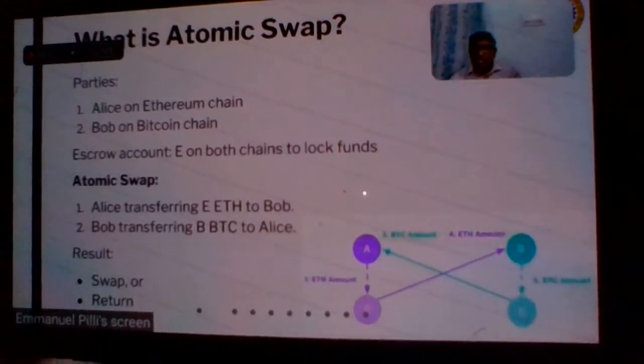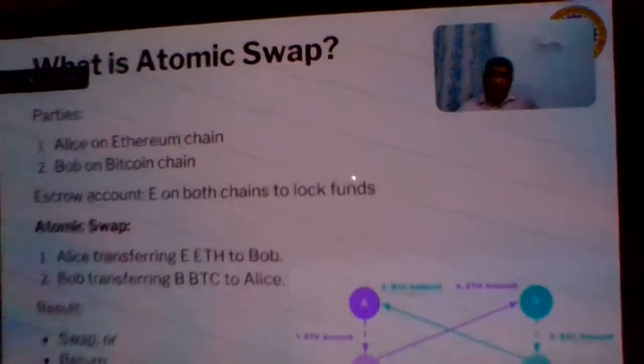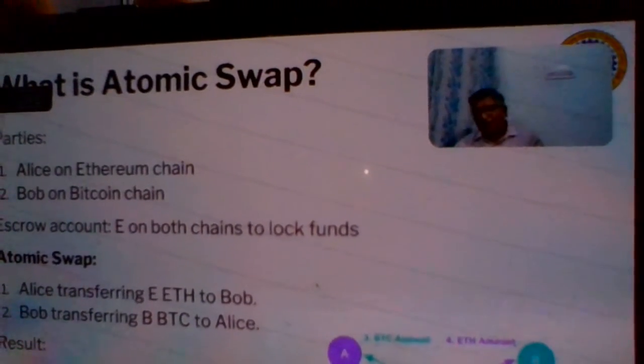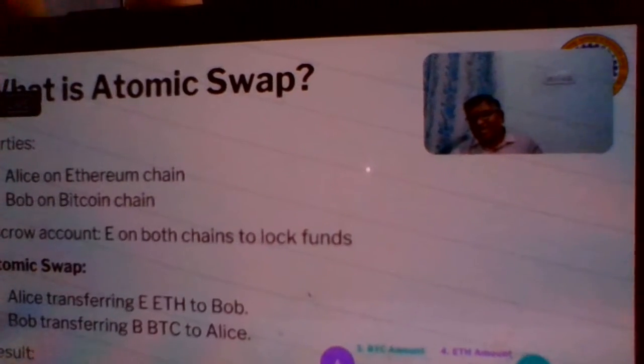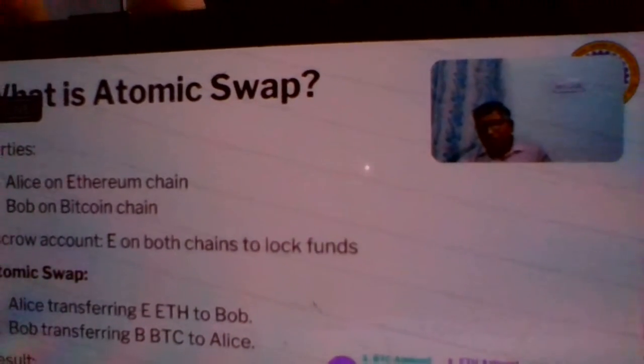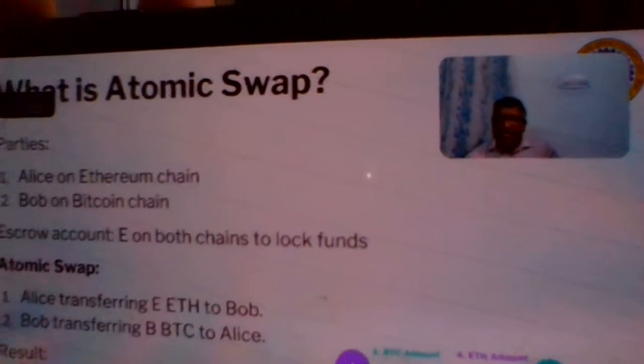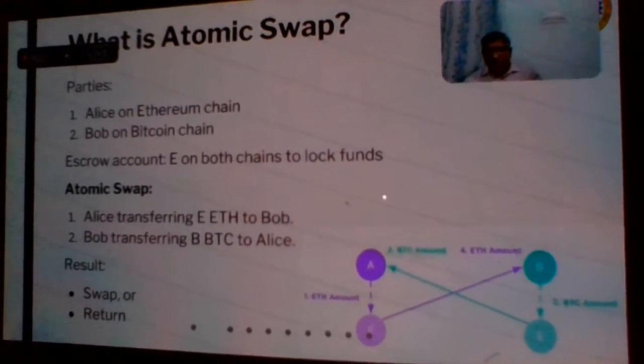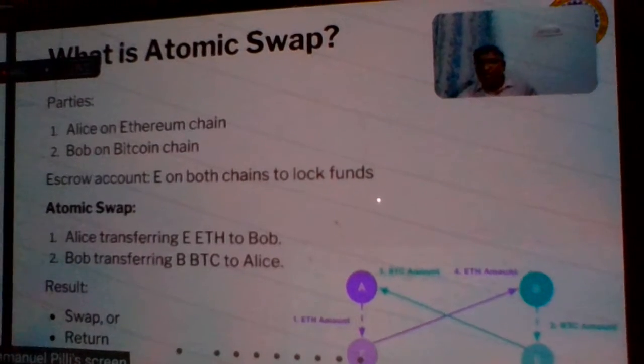The result is the swap can happen. Now they both also agree that so many ethers will mean so many bitcoins, right? But the transaction is Alice sending so many ethers to Bob, and Bob sending so many bitcoins to Alice.